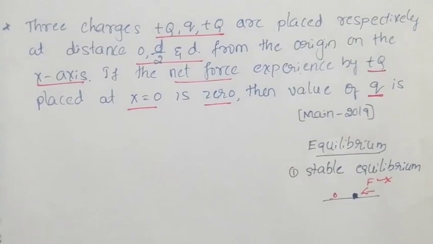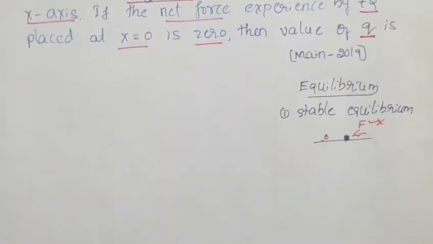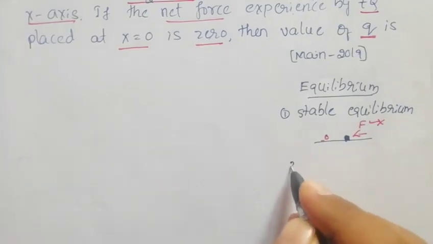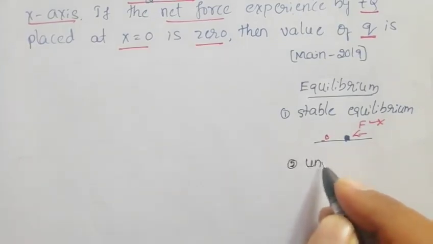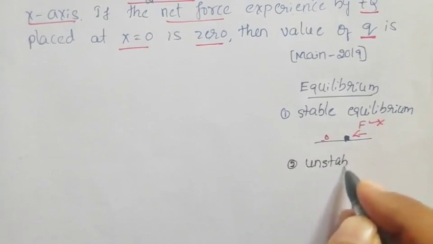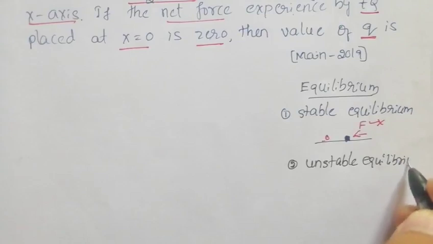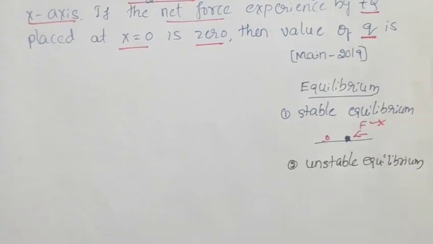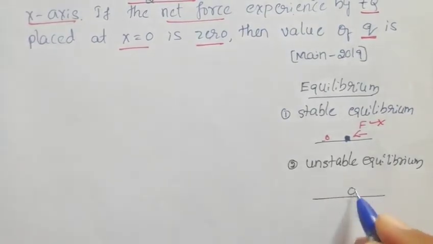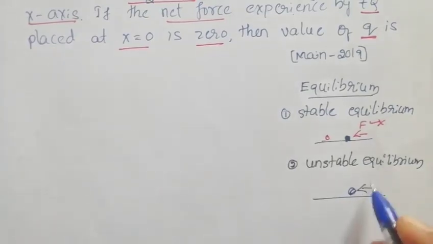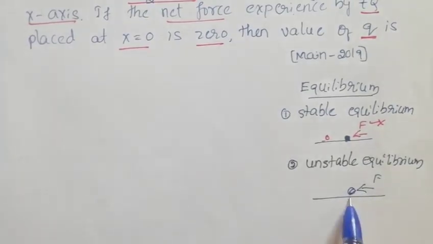Now the next thing is unstable equilibrium. What is meant by unstable equilibrium? Let us take a particle. If you disturb this particle with some force, it will not come back here.